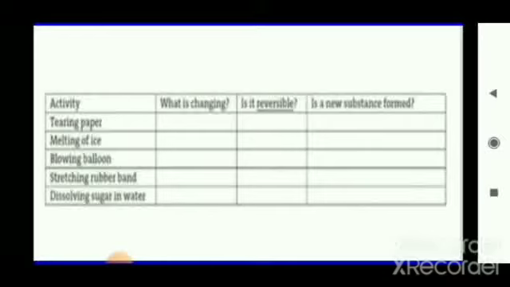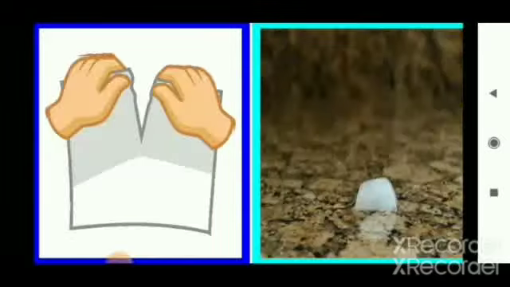Come to the second activity. Melting of ice. When ice is melted, what is changing? The shape of the ice is changing, right? You can see in this picture, in the second picture, the shape of the ice is changing, right? Is it an irreversible process or a reversible process?